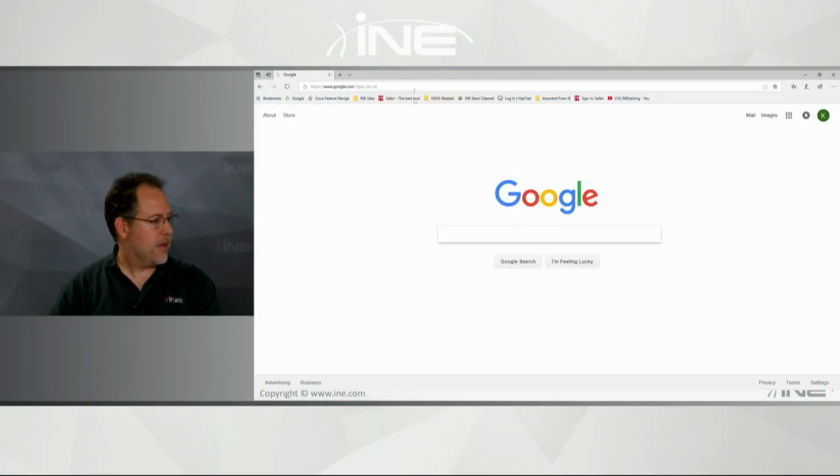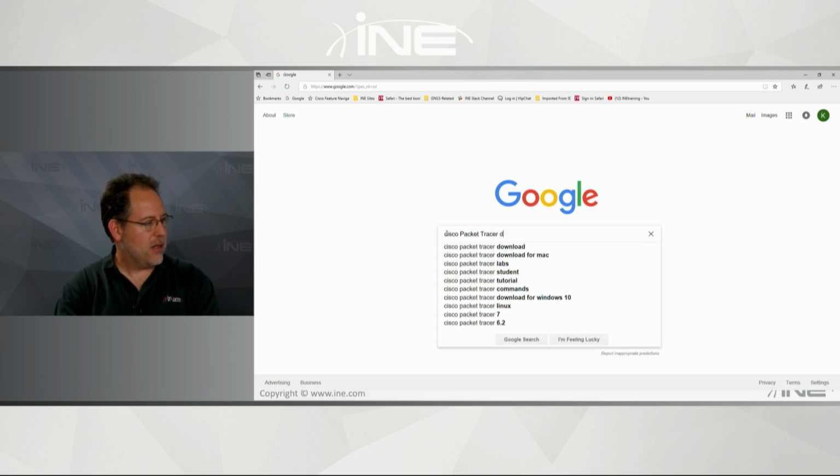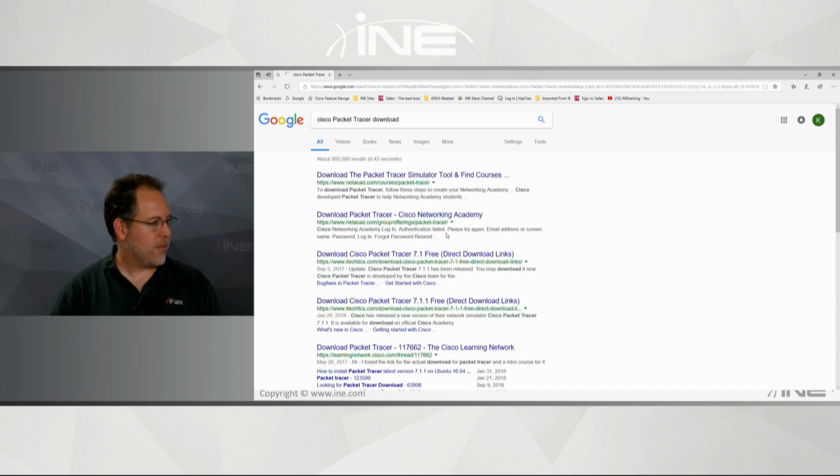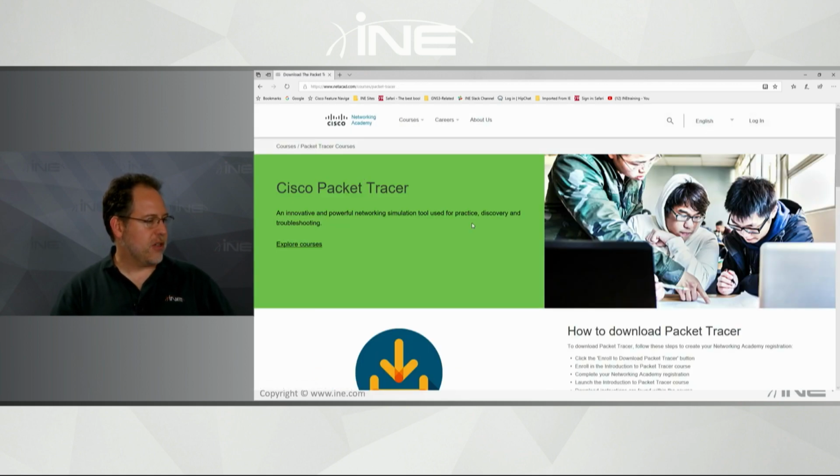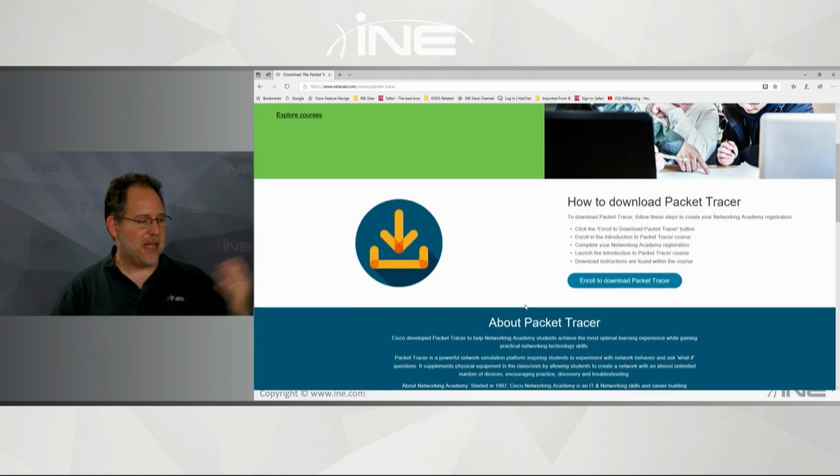If you just go to Google and type in Cisco Packet Tracer download, you'll have to first register for Cisco's Networking Academy, but that just basically means give them your email address, create a password, and that's it. You don't have to enroll in any courses, you don't have to go to any buildings, just register. And then once you register, you can download the Packet Tracer tool.